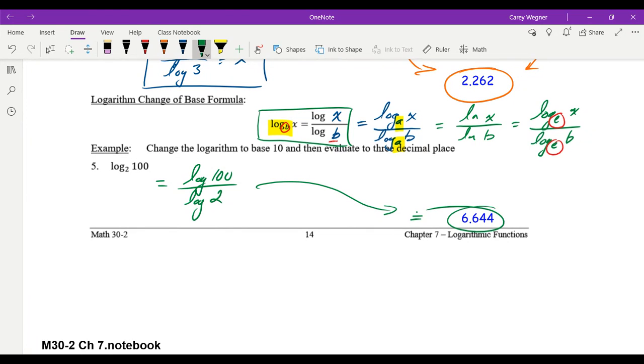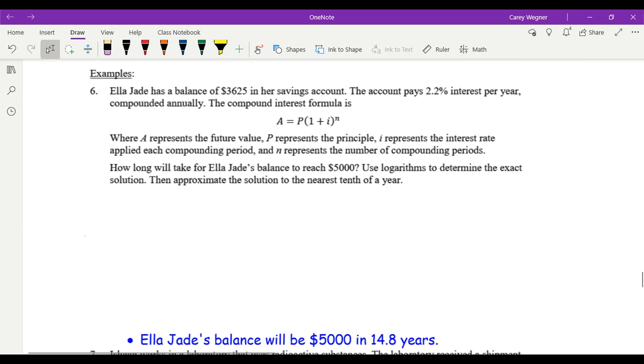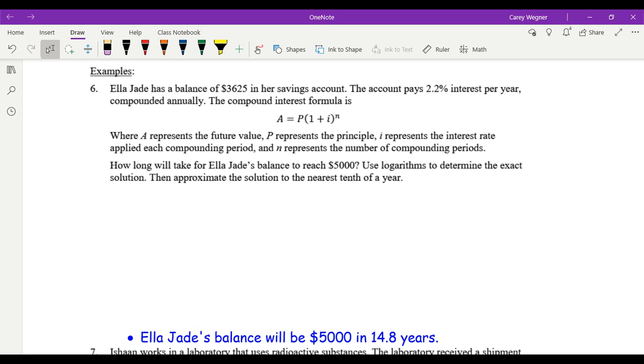Let's move on. As we look at this example, we looked at questions like this in chapter 6, so let's just do a bit of review as we get into this question. First, reading the question, Ella Jade has a balance of $3,625 in her savings account. Well, before I go any further, looking at that formula, we have an A value, remember that's a future amount.